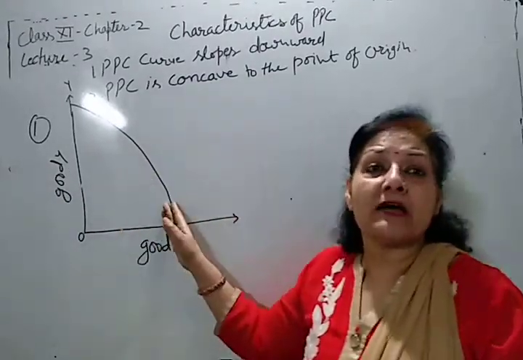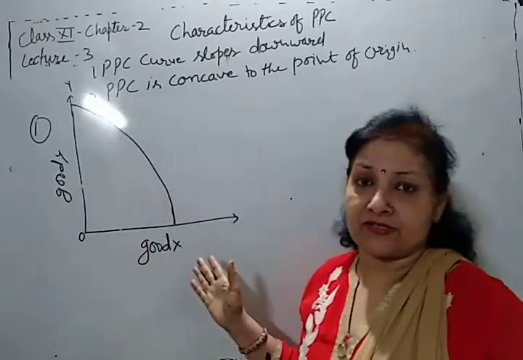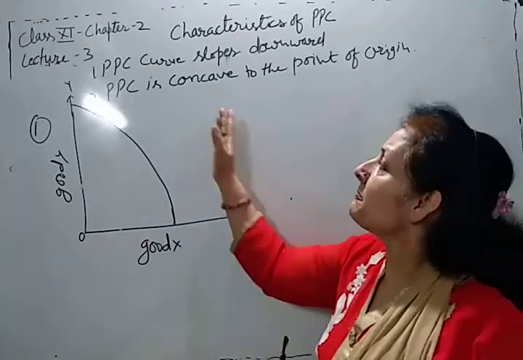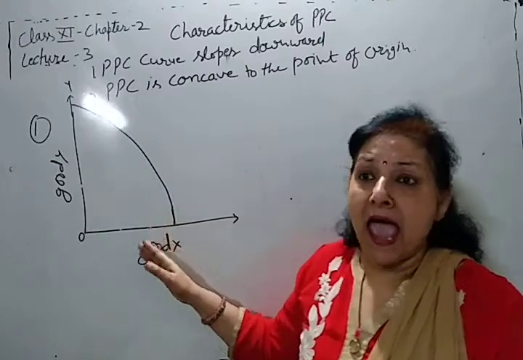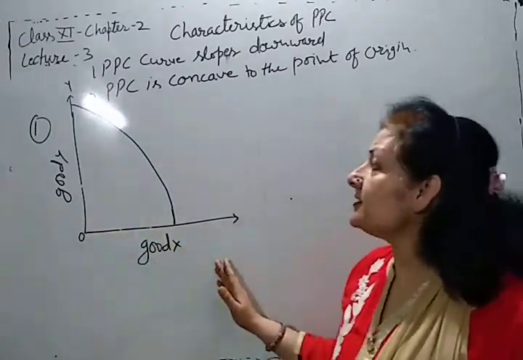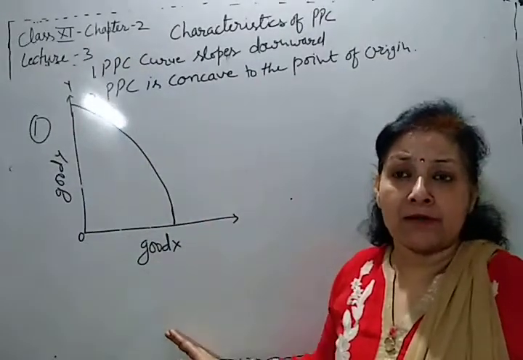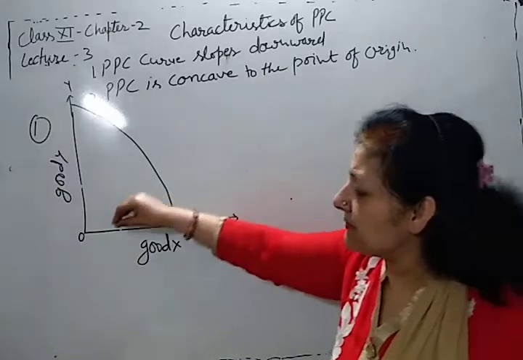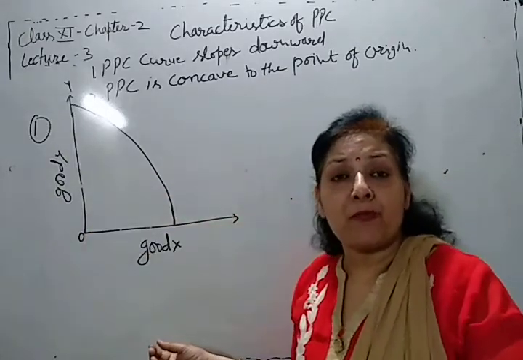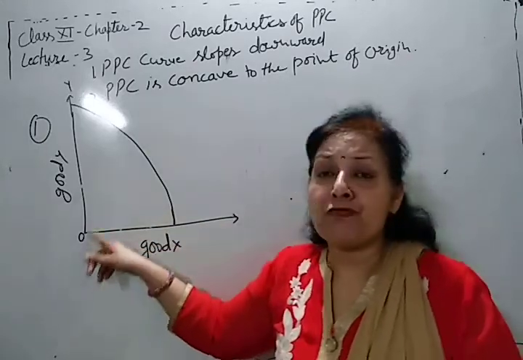The shape of the curve is either concave or convex. So the shape of the PPC is concave. As we move from left to right, upward to downward, PPC remains concave to the point of origin.